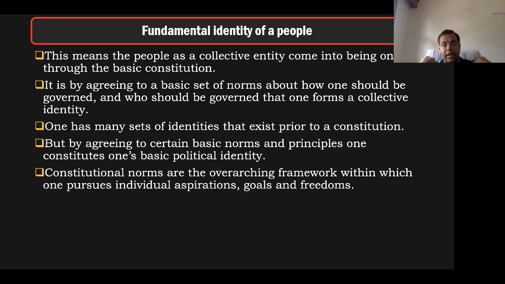So let's say you are able to file an RTI to demand some information. Why? Because RTI is your aspiration, and that freedom has been given to you by the Constitution of India.